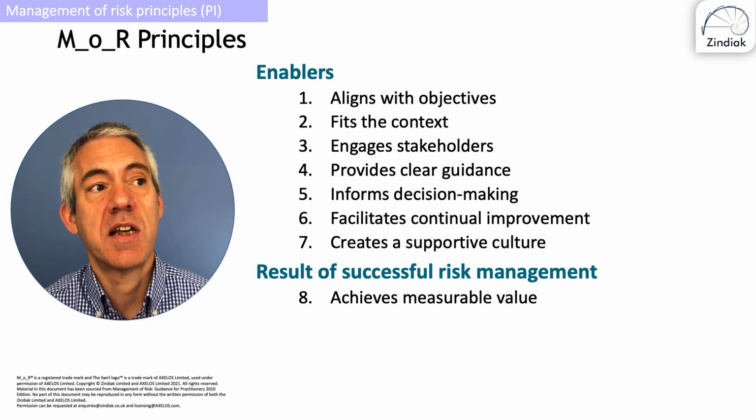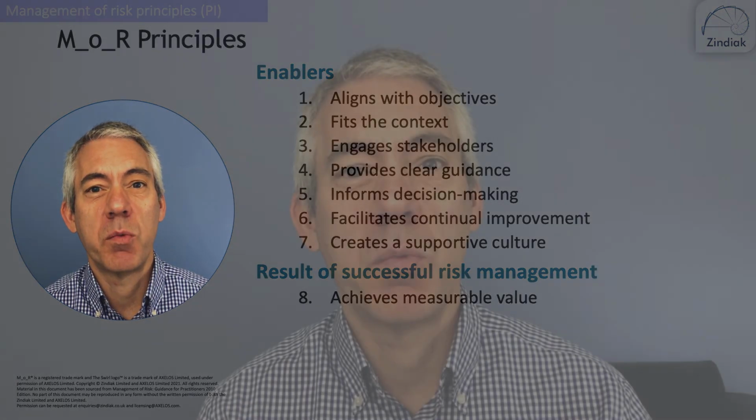Aligns with objectives, fits the context, engages stakeholders, provides clear guidance, informs decision making, facilitates continual improvement, and creates a supportive culture. If we follow those principles, the result will be successful risk management, and we will achieve measurable value.